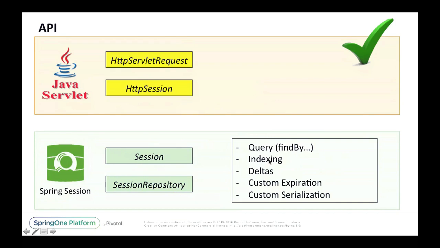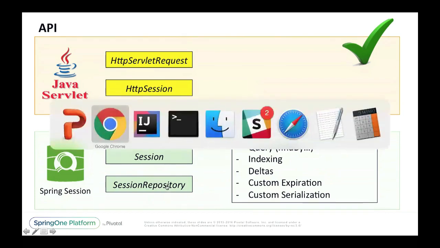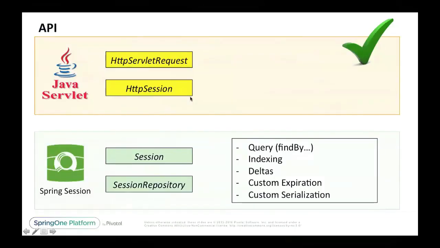I already mentioned there's an extension to the SessionRepository interface, something to do with binding by particular session attributes. The name eludes me at the moment. But essentially, it allows you to search by any session attribute.